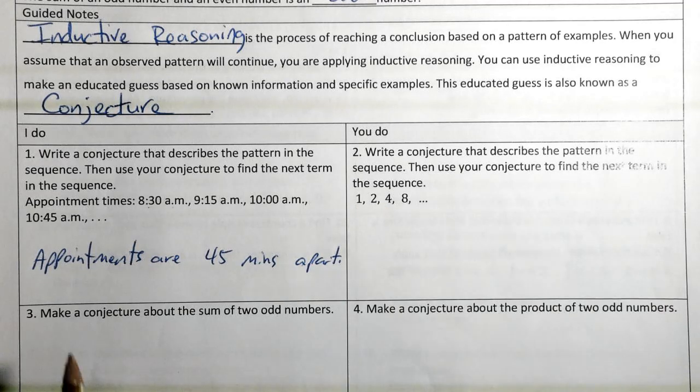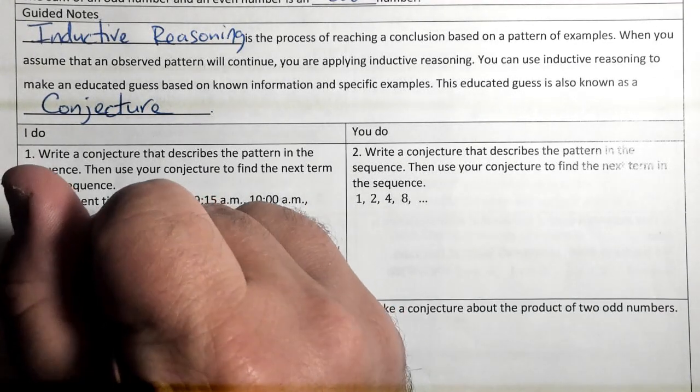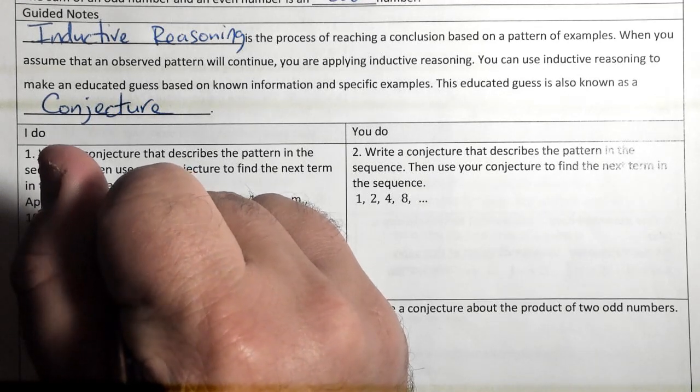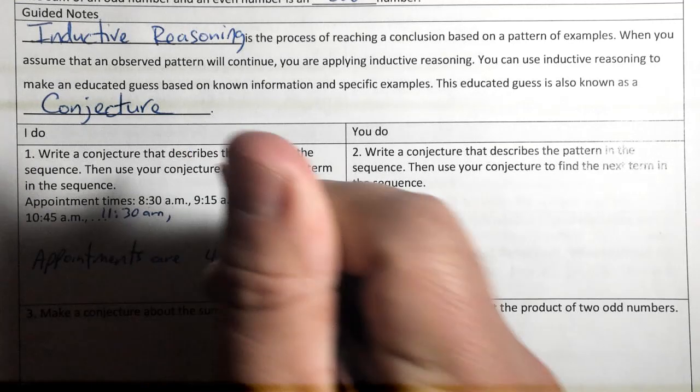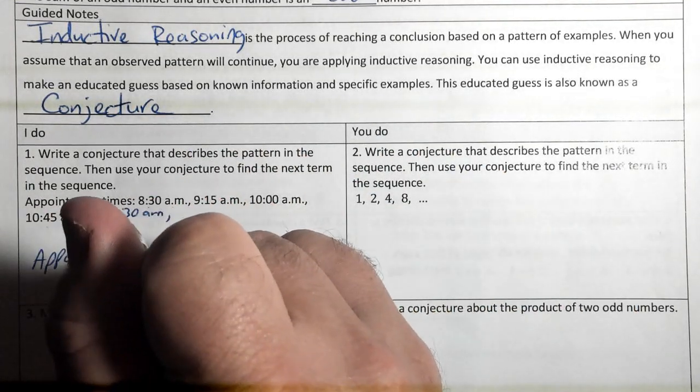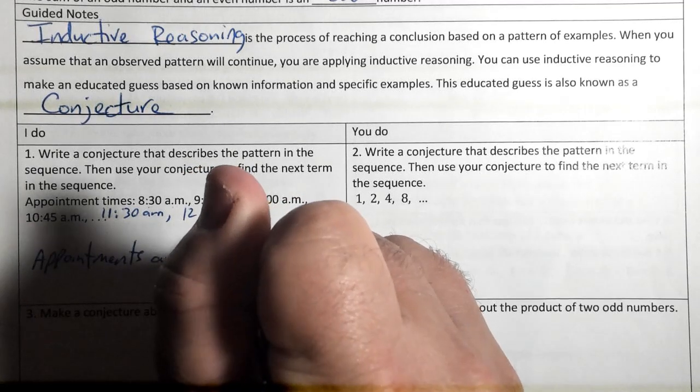Okay? So they want to know the next term. So if we add 45 minutes to 10:45, we get 11:30 a.m. Just for giggles, let's go one more. So if we add 45 minutes to 11:30, we end up with 12:15 p.m.